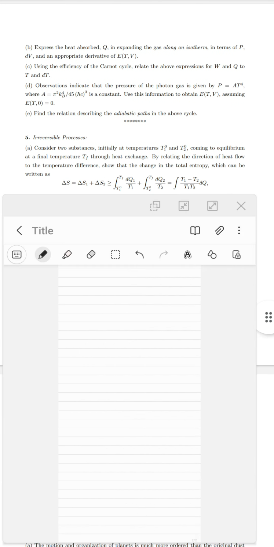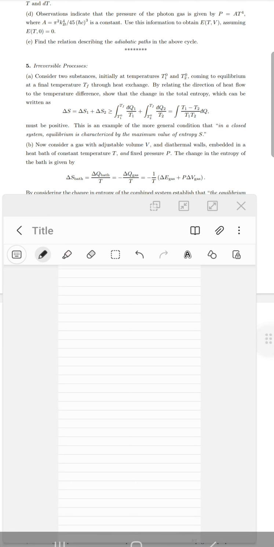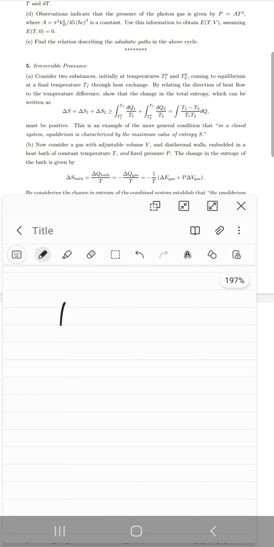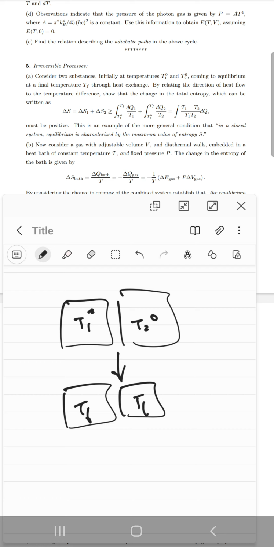So the fifth question is: consider two substances, with temperatures T1_0 and T2_0, coming to equilibrium at final temperature Tf through heat exchange. So something happened and now they're coming to final temperature Tf, and they can exchange heat.